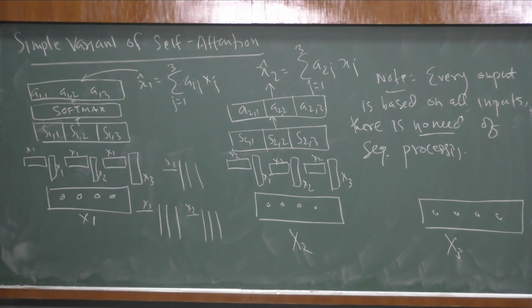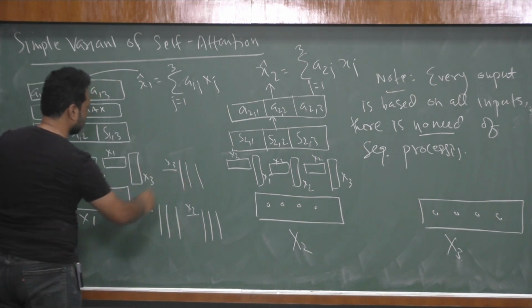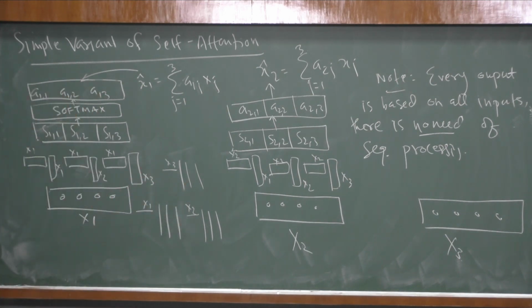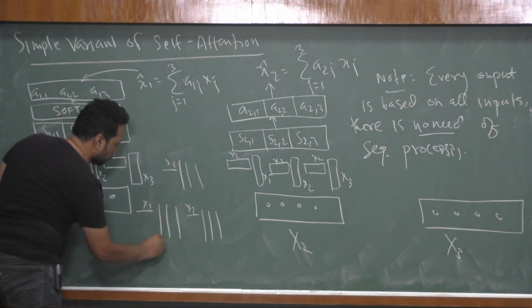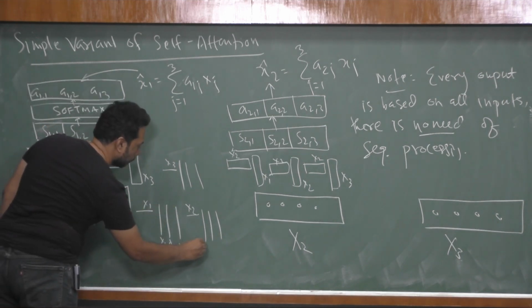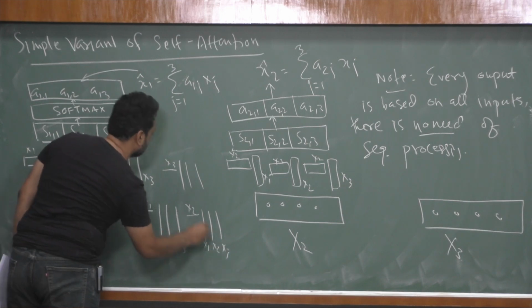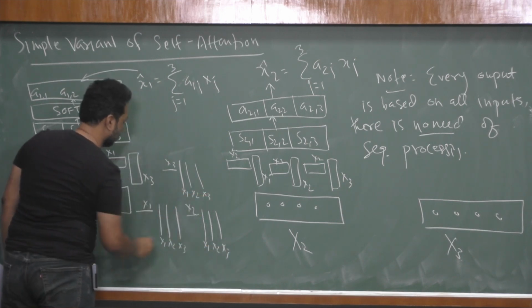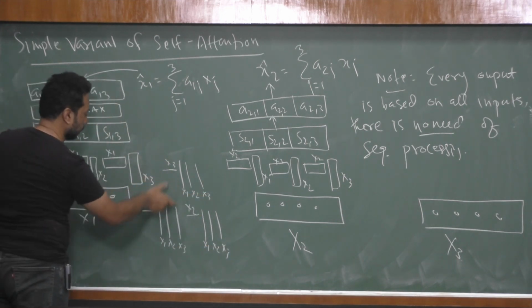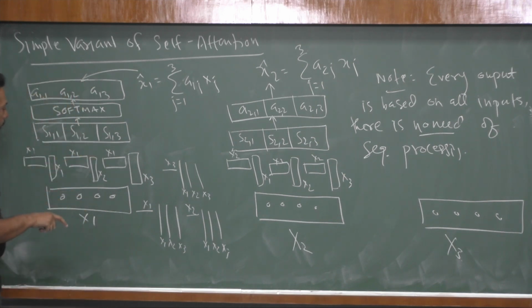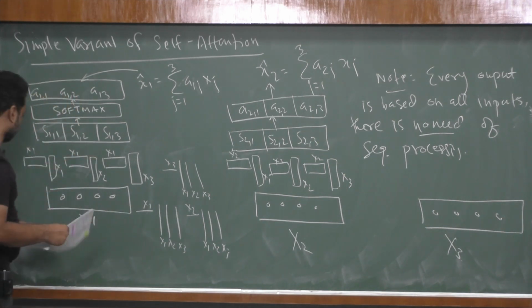So what we see here is that all this operation could be made into a vector. The x1 applies with x1, x2, x3, x2 multiplies with x1, x2, x3, and x3 multiplies with x1, x2, x3. If I collect these row by row, then indeed I can vectorize this.